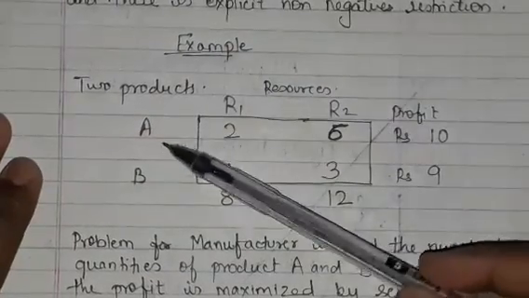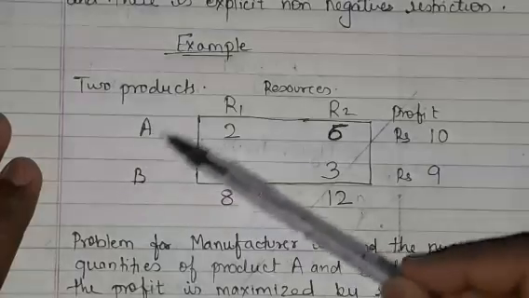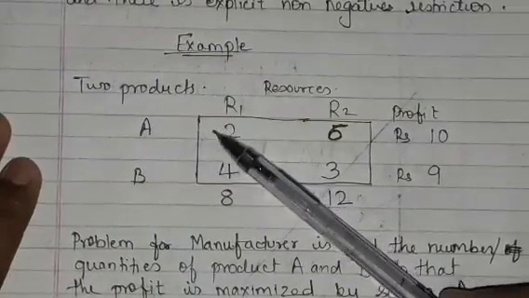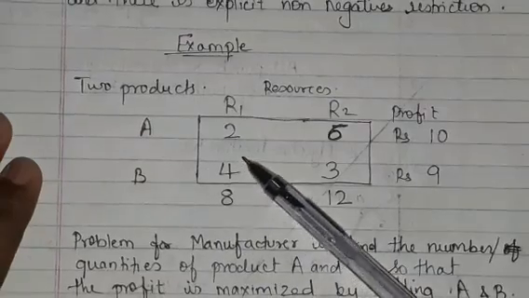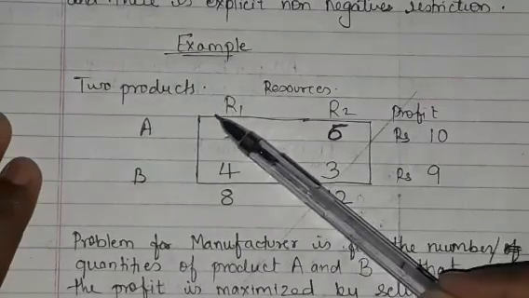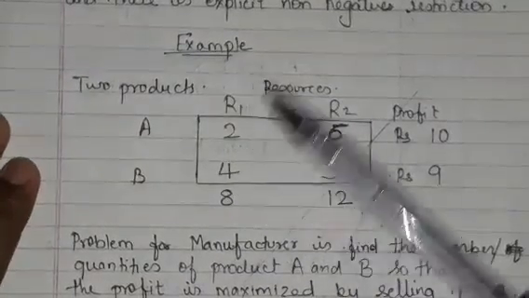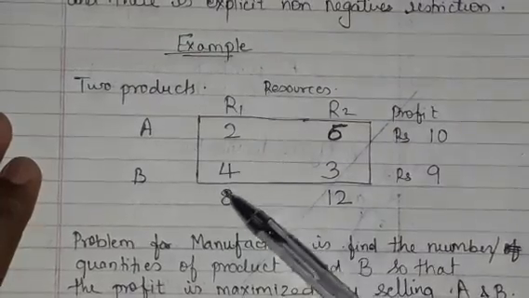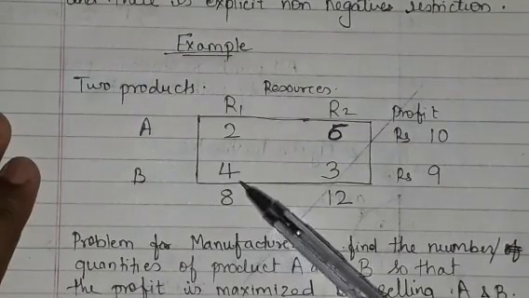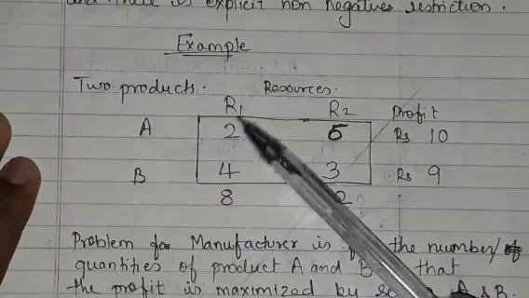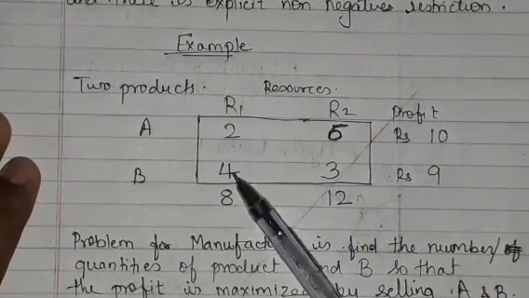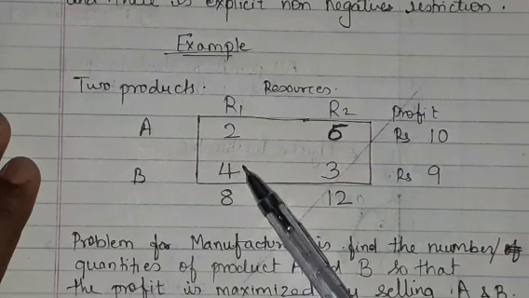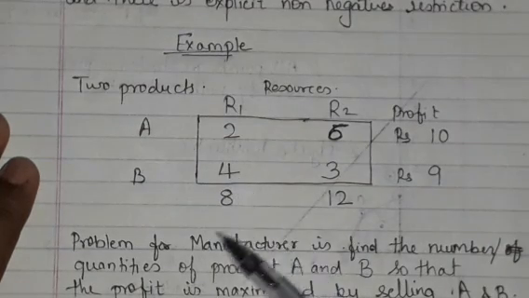If I make x amount of A which requires 2 of raw material R1, right, and y amount of B which requires 4 of R1, then 2x plus 4y should not be greater than 8, because I have only 8 amount of raw material R1. So this is the constraint.